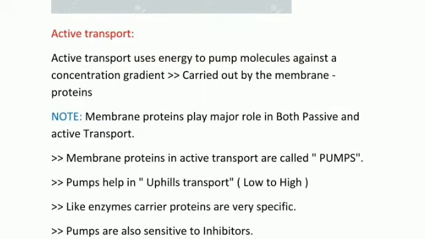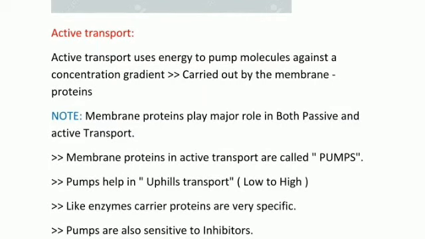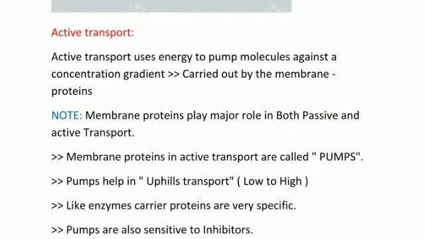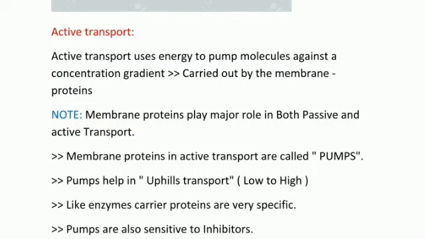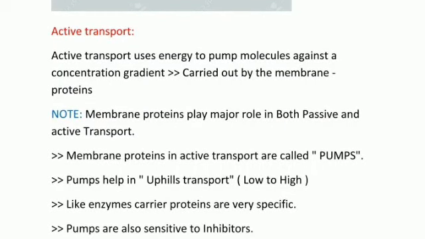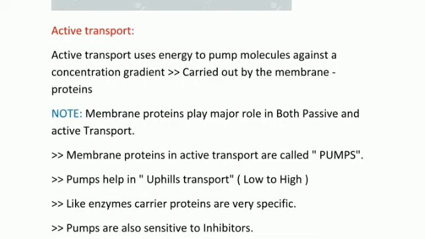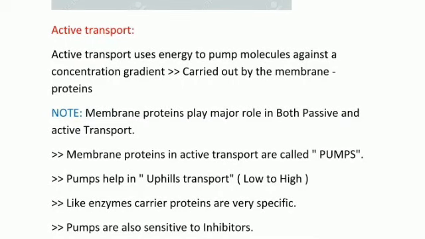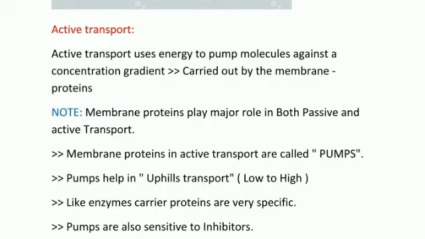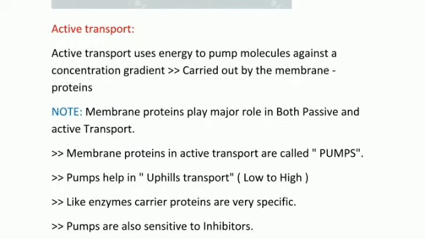Like enzymes, carrier proteins are also very specific, meaning they specifically carry out the transportation of substances. Like carrier proteins, pumps are also sensitive to inhibitors.